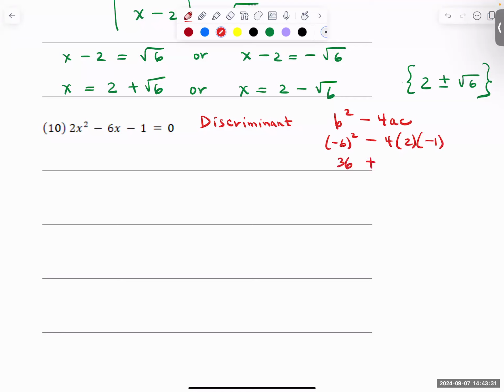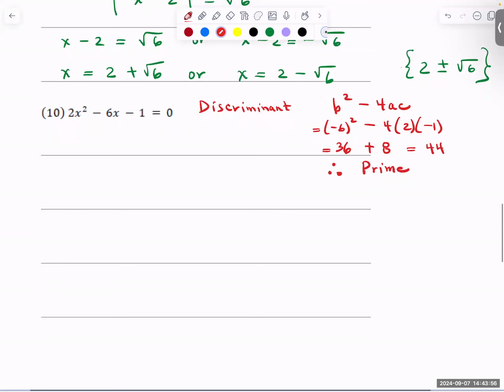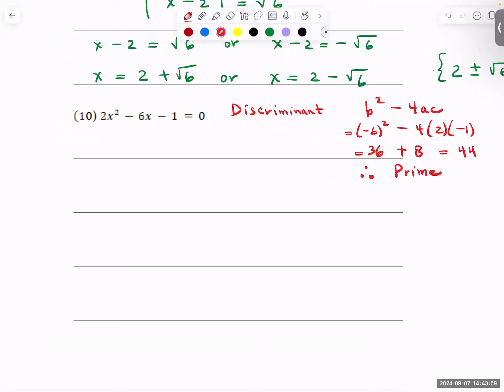Let's see if we get a perfect square like 0, 1, 4, 9, 16, 25, 36. Well, we get 44, which is not a perfect square. So if you do not get a perfect square, we can say, therefore, we have a prime polynomial. It can't be factored. Therefore, let's go to the quadratic formula. Since we already have the discriminant, we're kind of a step ahead.